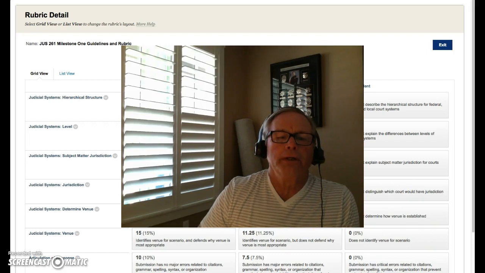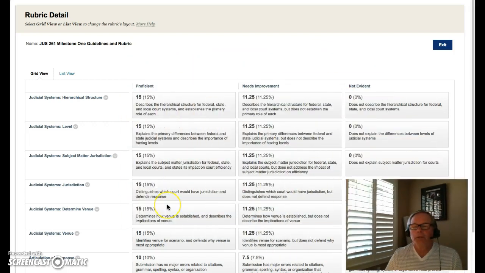So let's go over this grading rubric so you have an idea as to what it is that we'll be looking for. So the first part of the assignment is judicial system hierarchical structure, and we've talked about this. We've talked about the federal structure, you've looked at your state structure, and so you have an idea as to how the courts operate. Basically, we're looking at a three-tiered system for the most part.